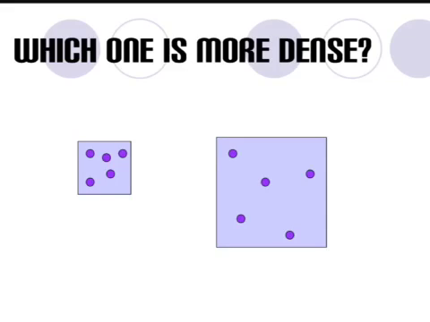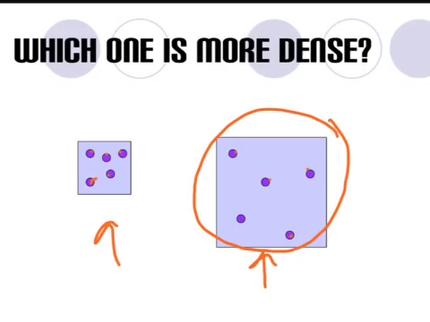In this case, we have 2 blocks, and they both have the same number of particles, 1, 2, 3. And because this one has a larger volume, you can see the particles are more spread out. So we would say that this one is more dense because the particles are crammed together.